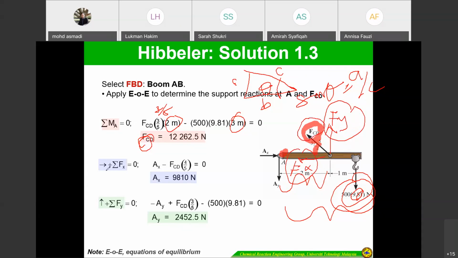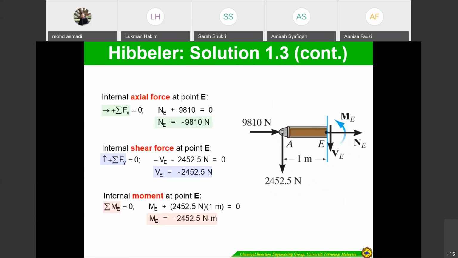It doesn't matter, because there is only one unknown in either the x direction or y direction. Once you determine the reaction force, you have to determine the internal force at point A.